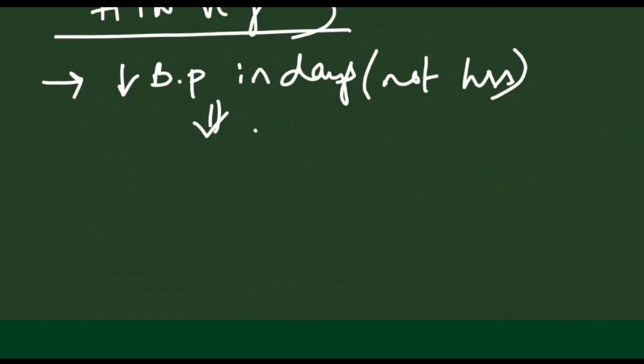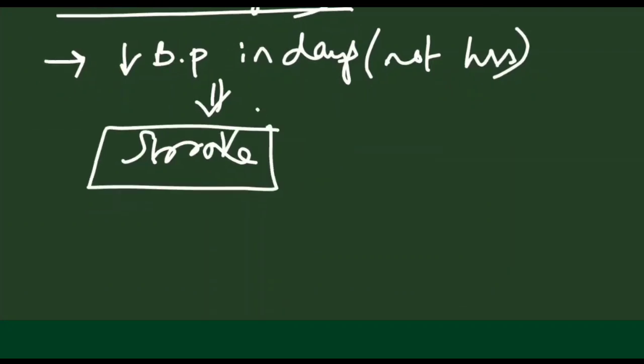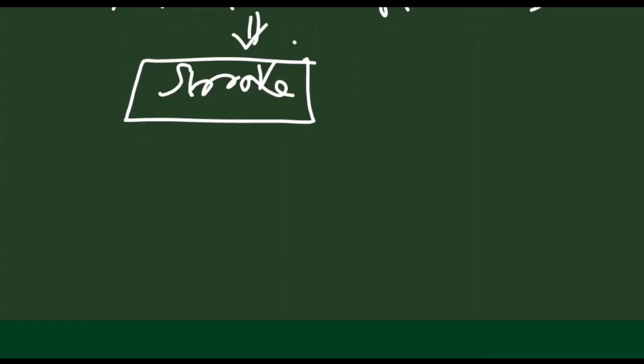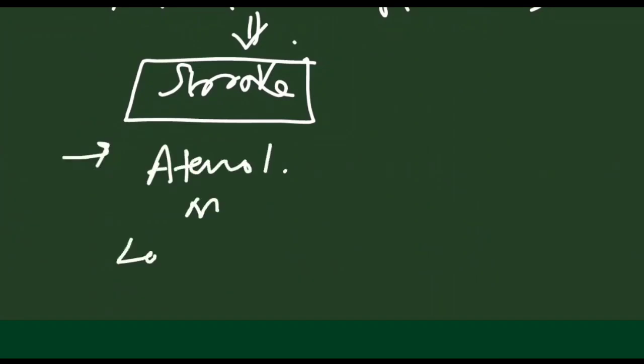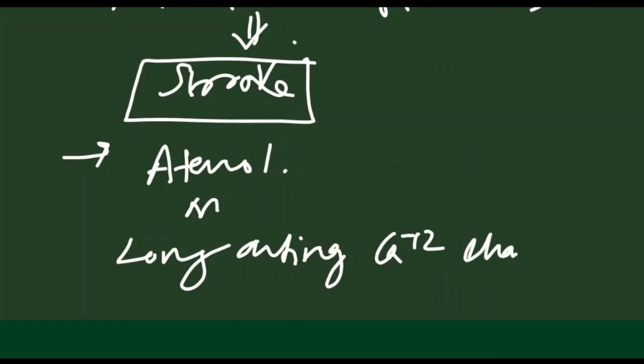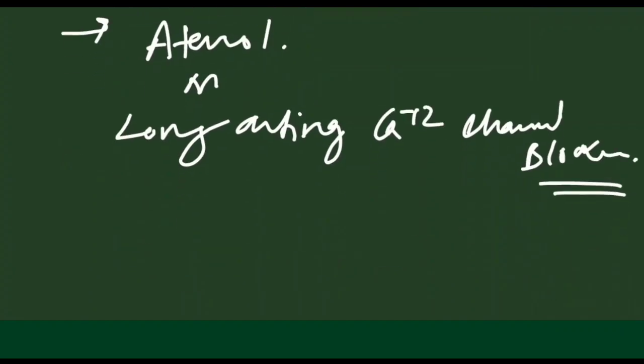The most severe situation that can happen is ischemic stroke. Normally no intravenous antihypertensives are given, but oral atenolol or a long acting calcium channel blocker can be given. This is the normal management of hypertensive urgency.